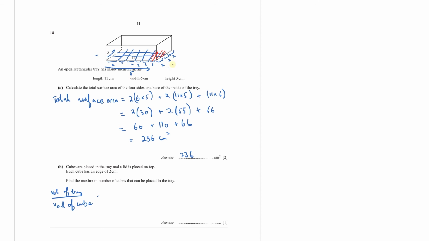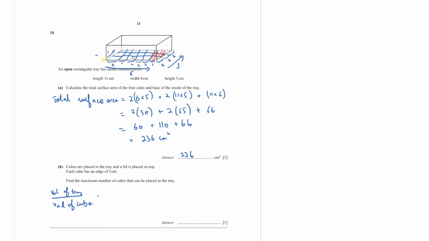Let me write it below here. How many can you fit in this direction? So there are 3 rows, each of which is 2 centimeter, and total is 6 centimeters. So you can fit 6 divided by 2. How many rows are there? 3. So at the base of this tray, you can have 5 cubes in this direction, and 3 cubes in this direction.